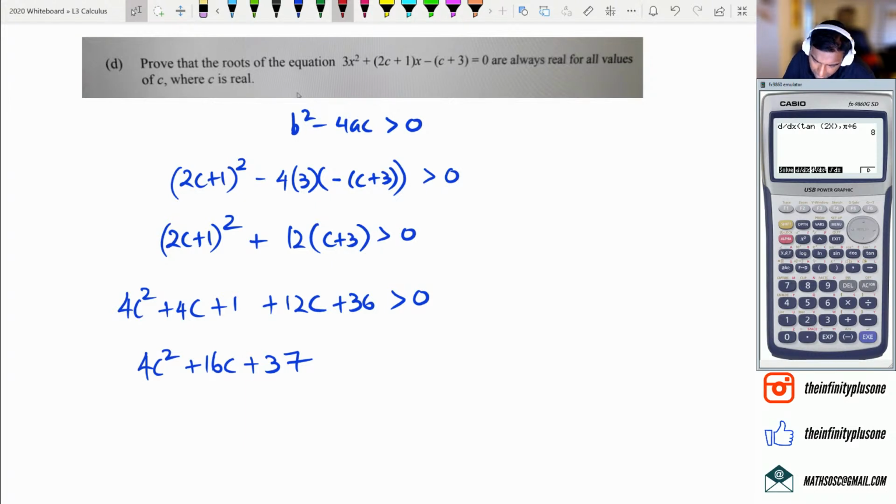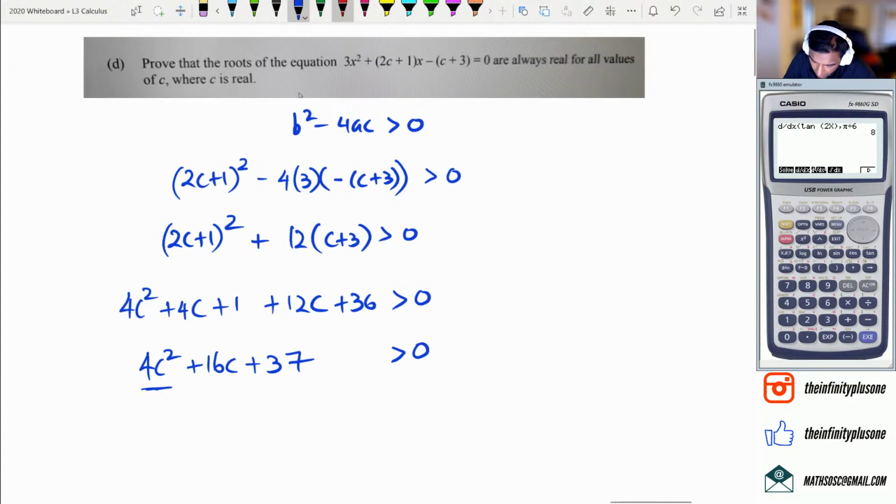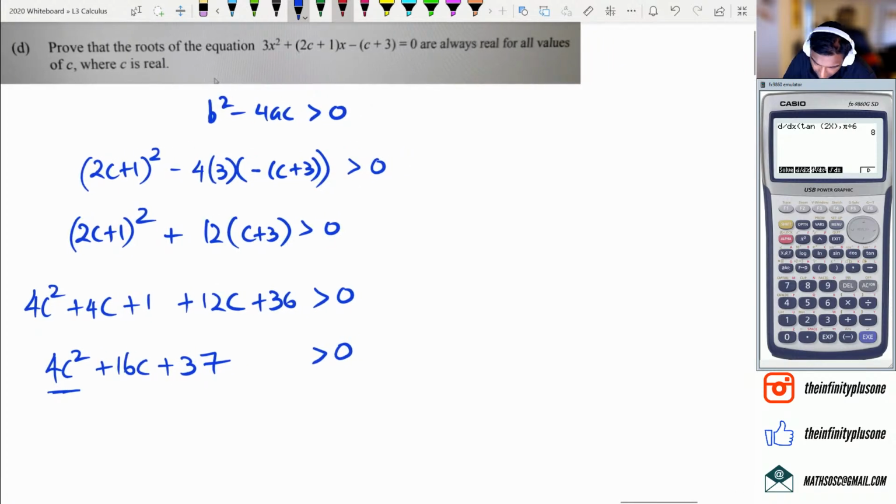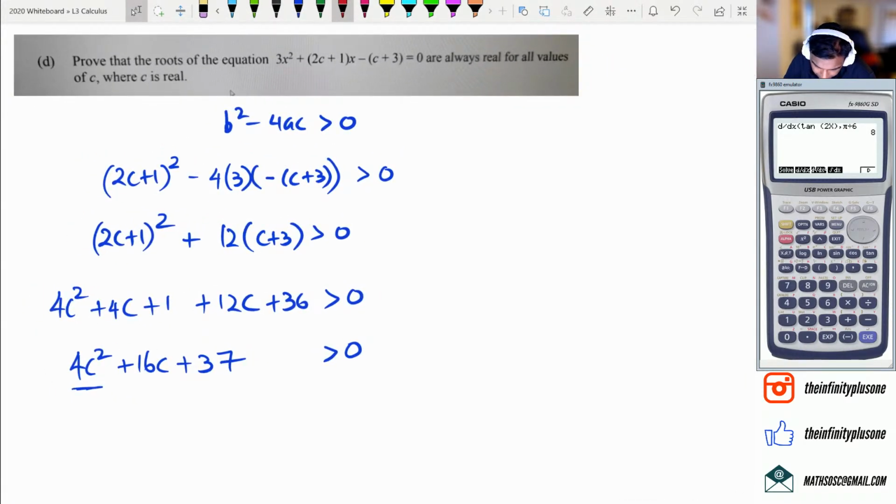So at this point, what you need to do is complete the square. For completing the square, we can do something like this. Because this is 4c squared, we could rewrite that as 2c squared.